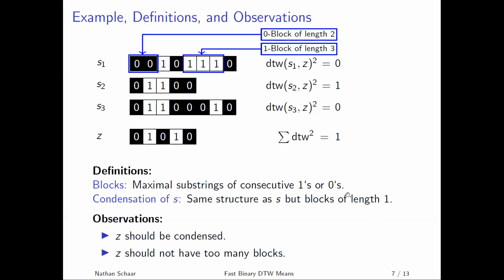And at this point, if we know that these should be condensed and not have too many blocks, we can already see that there's only a small number of means that we have to consider. And now all that's left to do is compute the distance from each of those means to each of the input strings.